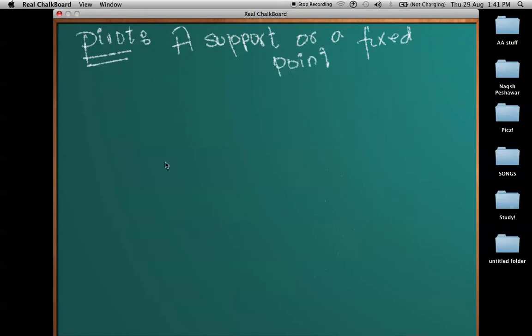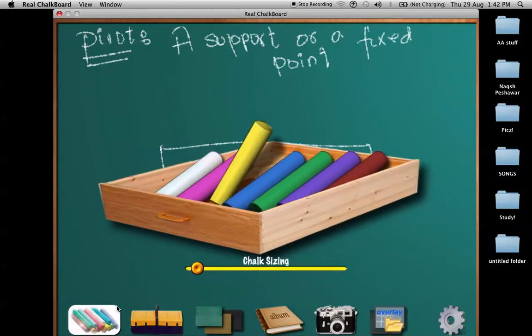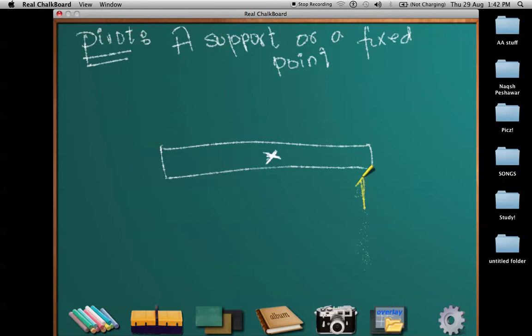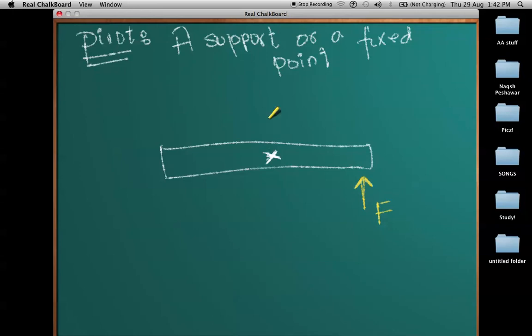Let's see, if I have a ruler here, and I am supporting it from here, and say I am holding it from here, or I have a nail here, and this is fixed, it's not moving from here. So if I apply a force here, this is my pivot. I can also apply a force here, and even in that case, this becomes my pivot.